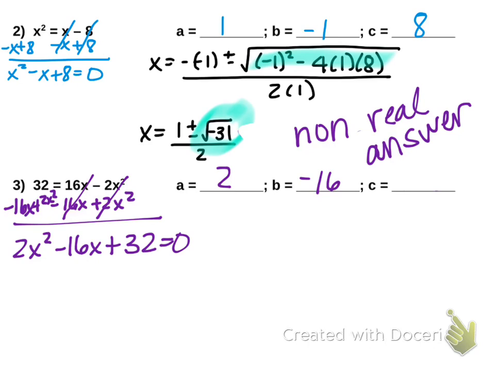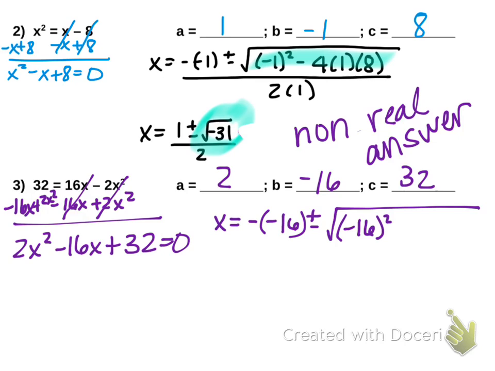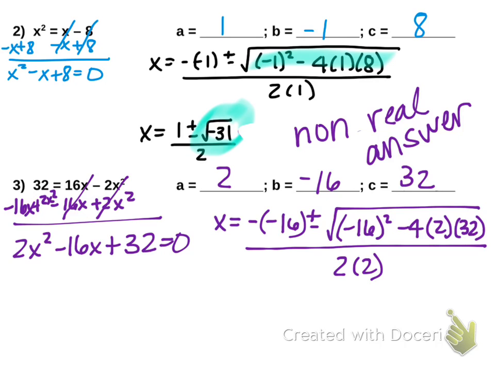All right, so now let's see what we get here with this solution. So I have x is equal to negative negative 16 plus or minus the square root of negative 16 squared minus 4 times 2 times 32, divided by 2 times 2.